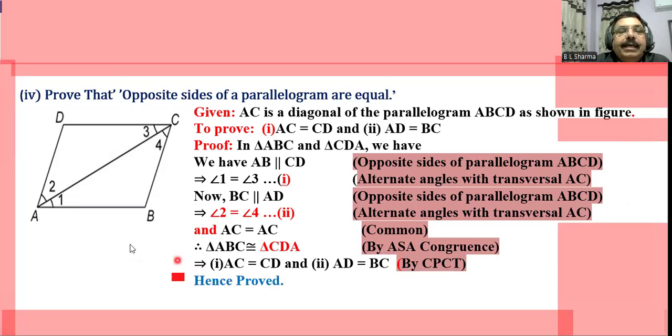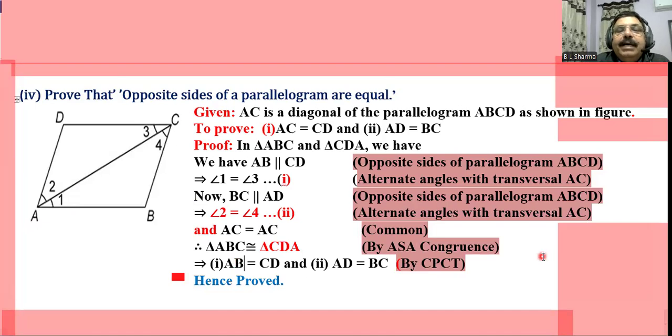देखिए, Sorry, I have to change it. AB is equal to CD and AD is equal to BC.